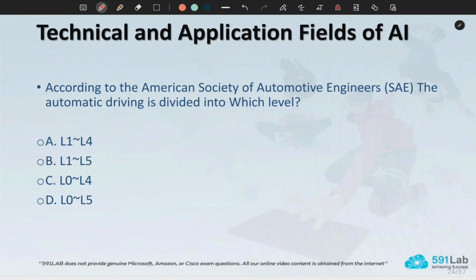Choose the correct answer. According to the American Society of Automotive Engineers, SAE, automatic driving is divided into which levels? L1 to L4, level 1 to level 4, or level 1 to level 5, or level 0 to level 4, or level 0 to level 5.